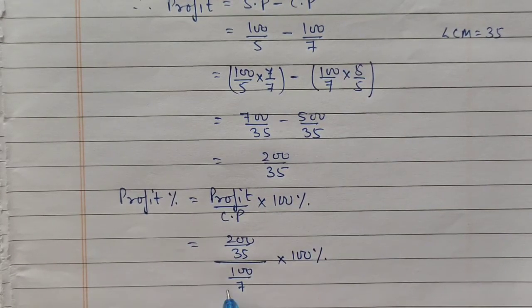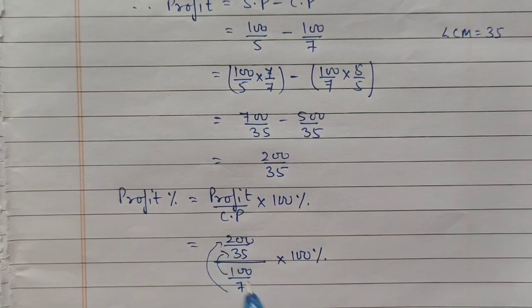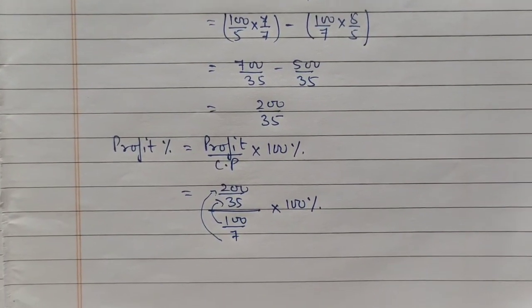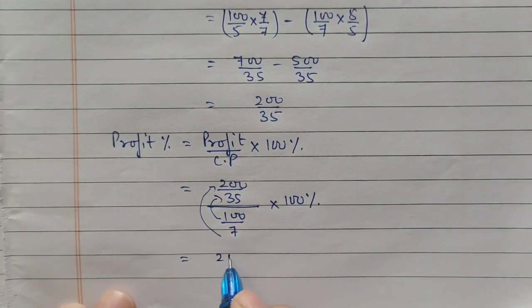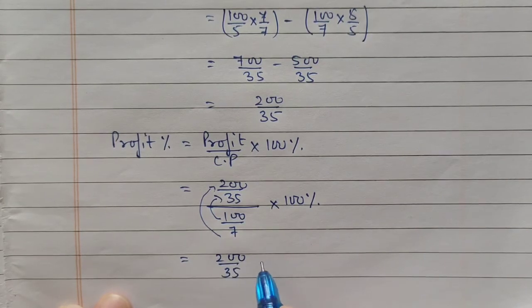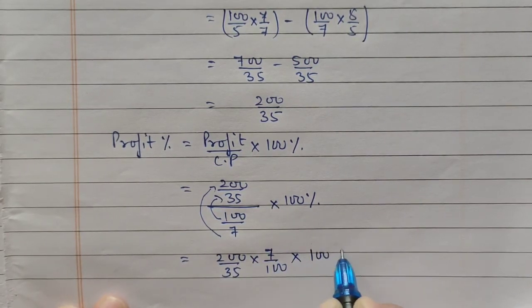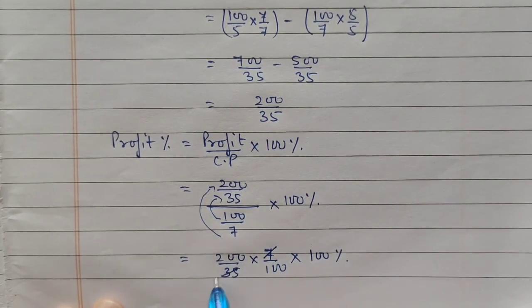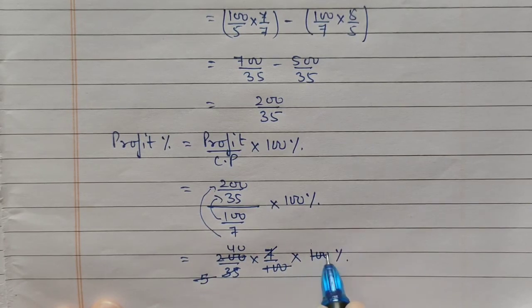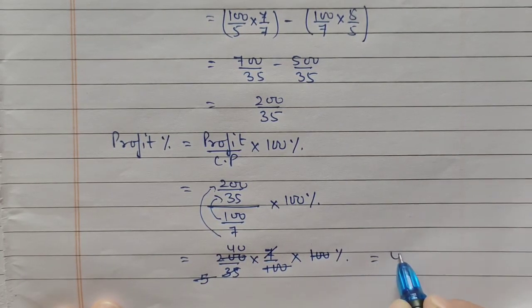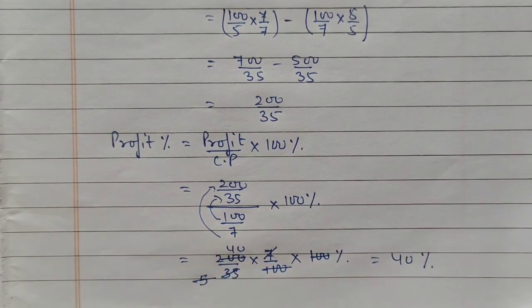Now this we can shift up and this will go here. So we'll get 200 by 35 multiply by 7 by 100 into 100%. Now cancel out 7 5 are 35 and 5 40 are 200 and this 100 and this 100 will cancel out. So we'll get 40% profit.